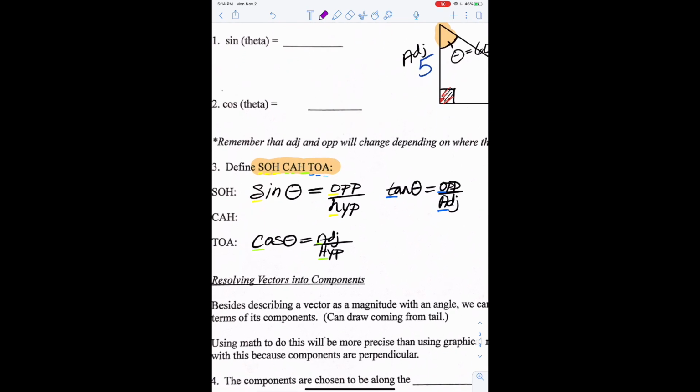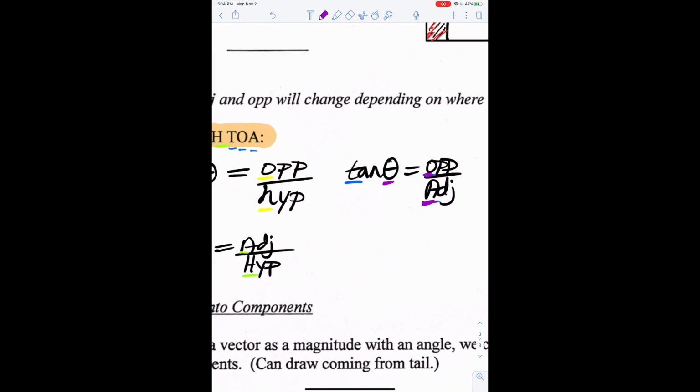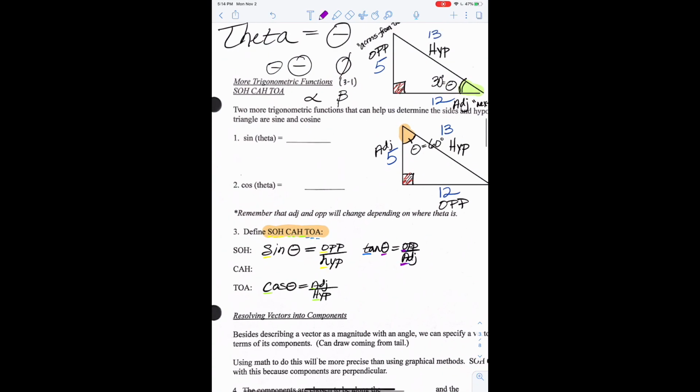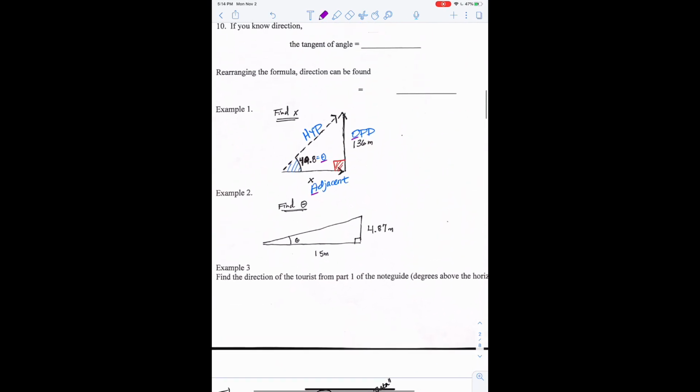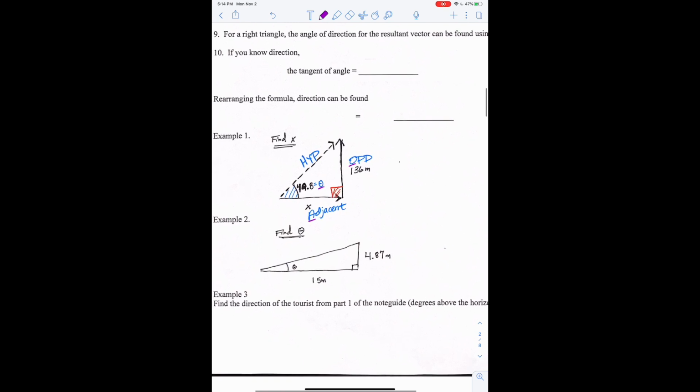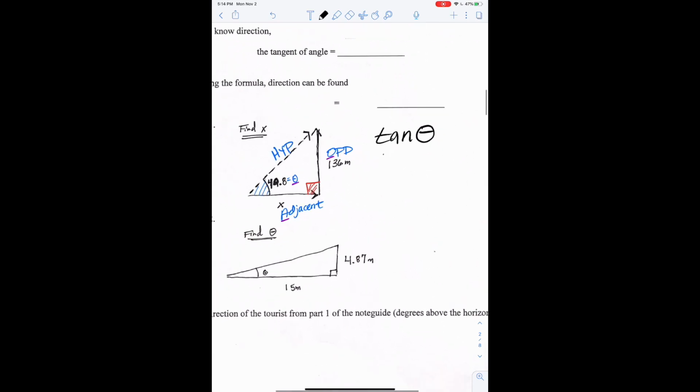It's going to be TOA because we have an opposite and an adjacent, and we have a theta that we know something about. So this is going to be the best one to use here, TOA. So let's go ahead and go back to this. I like to write the formula out because that way we work on memorizing these.